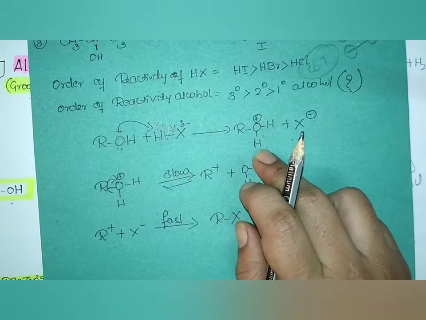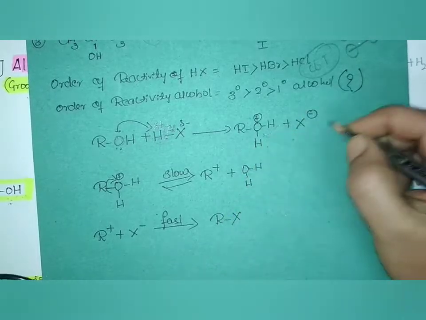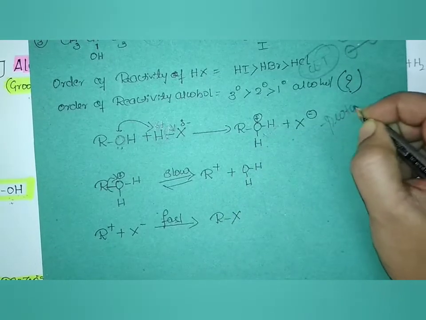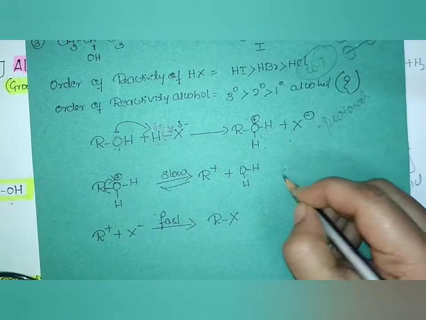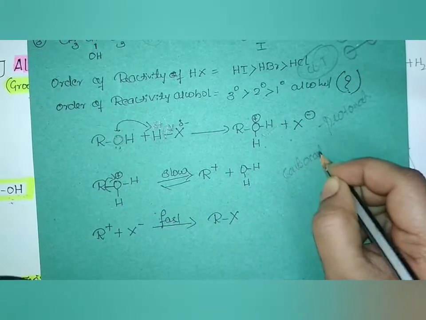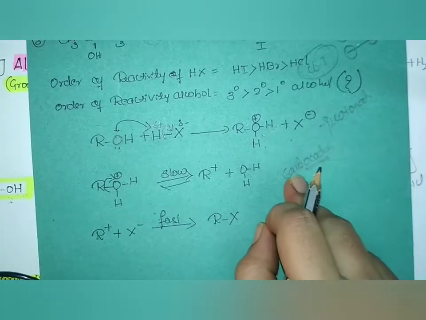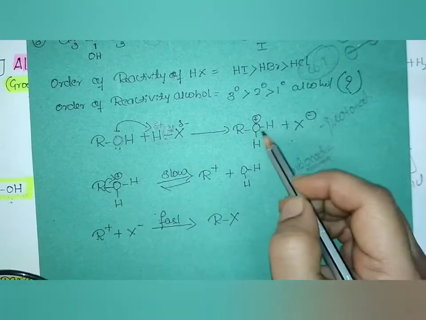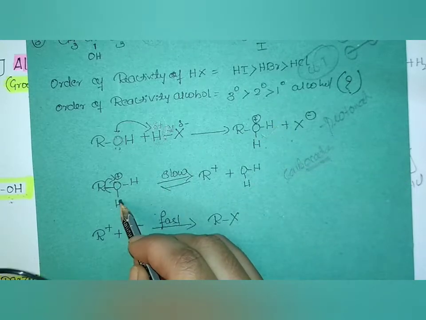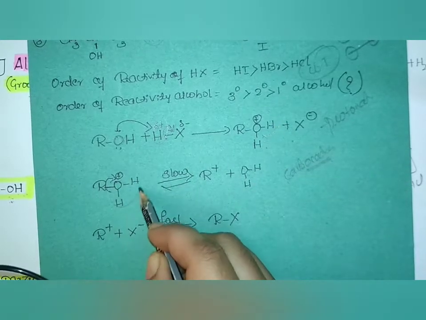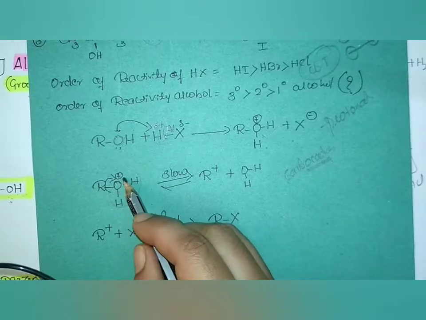The first step is called protonation, the addition of a proton. The second step is the formation of a carbocation. In the protonated alcohol, the oxygen with a positive charge is always unstable.